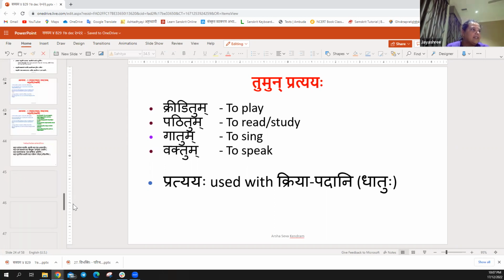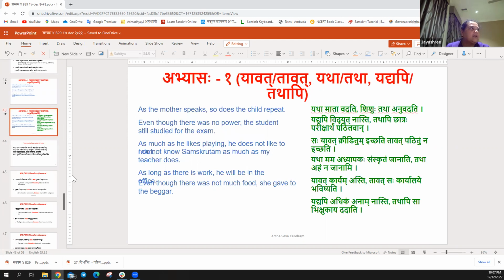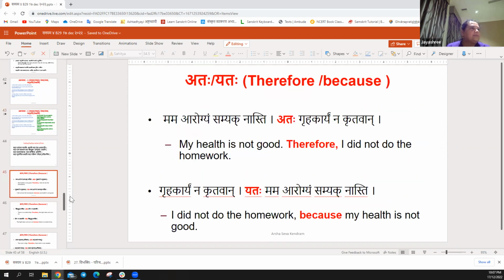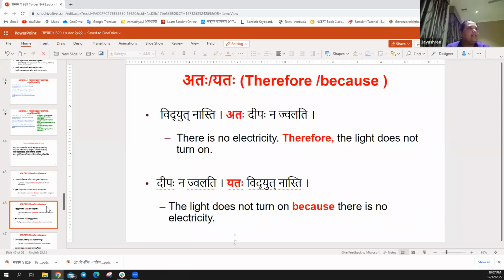One second. Therefore, ataha. We can say this one: Shwaha pariksha bhavati ataha. अतः अहं पठितुं प्रभाते उत्तिष्ठामि.